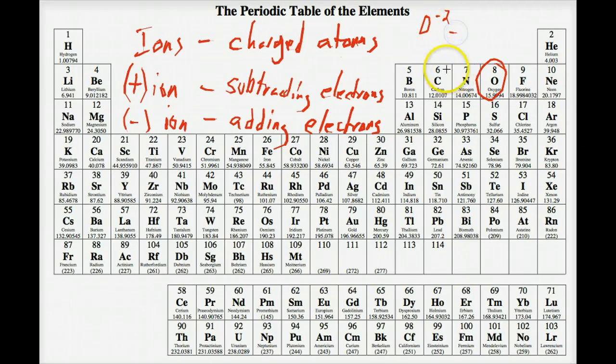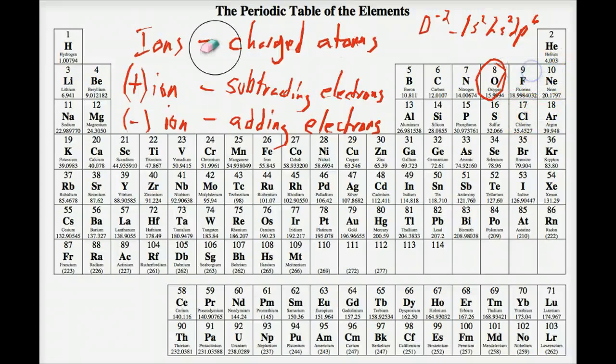And when my oxygen picks up 2 electrons, all of a sudden it has an electron configuration that is the same. Its configuration is now the same as neon's, because it jumped twice over to neon. Picking up 1 electron would be fluorine.